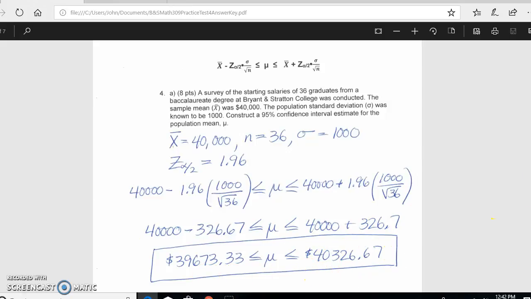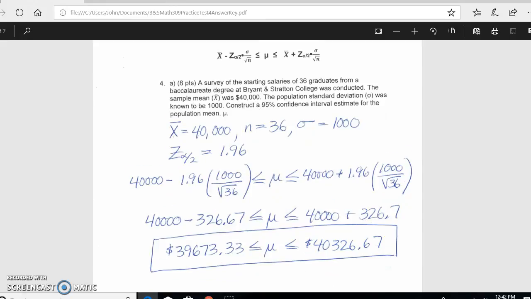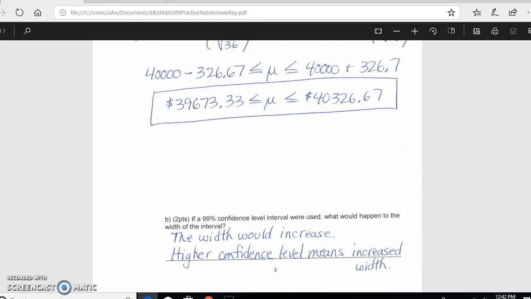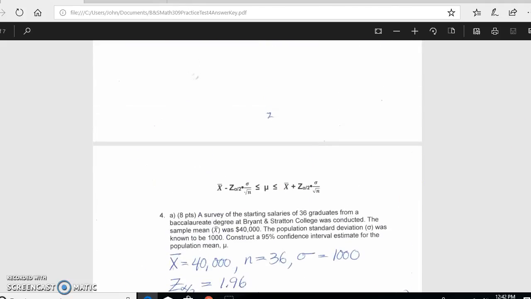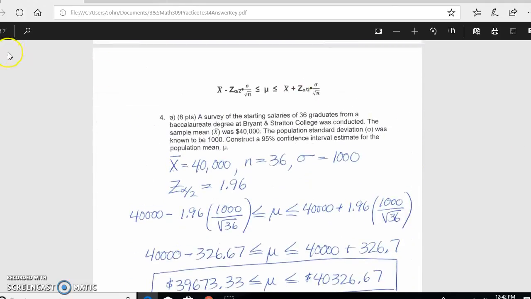There's a second part to this problem down at the bottom of the page, and the question is, if a 99% confidence interval were used, what would happen to the width of the interval? As we discussed in class, if we use a 99% confidence interval, the value for Z would increase.